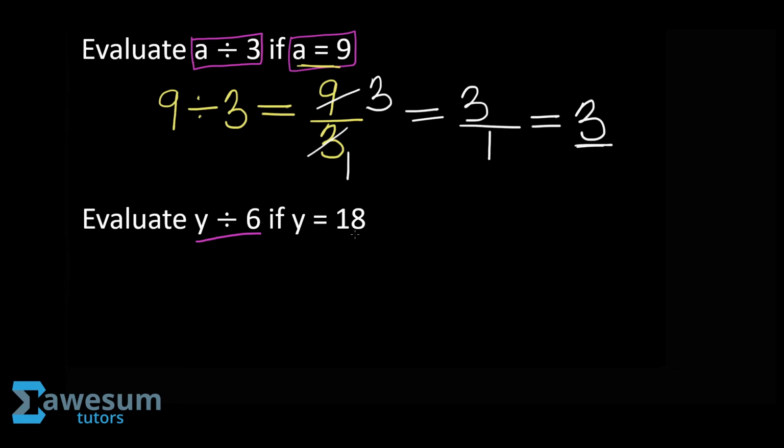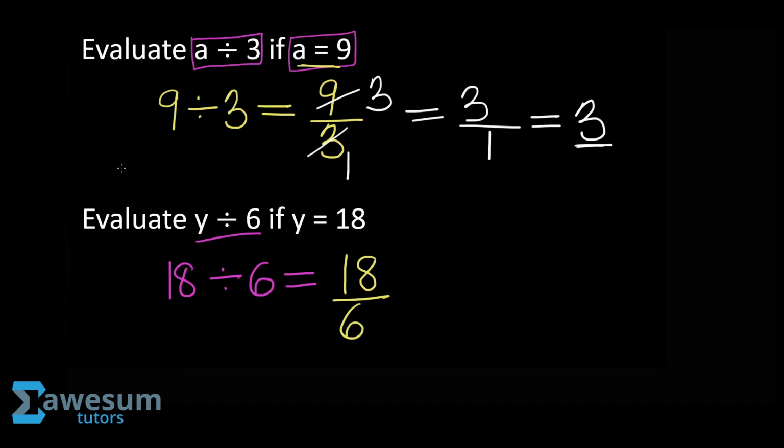Y equals 18 means that I'm going to replace this y with 18 divided by 6. Okay, so 18 divided by 6 can be rewritten as 18 over 6.